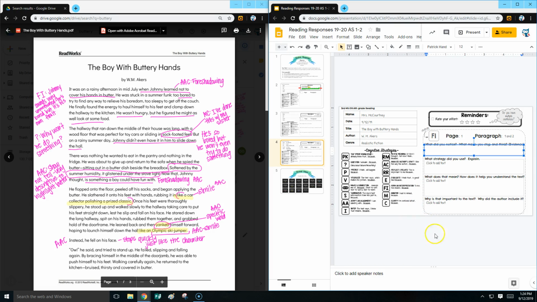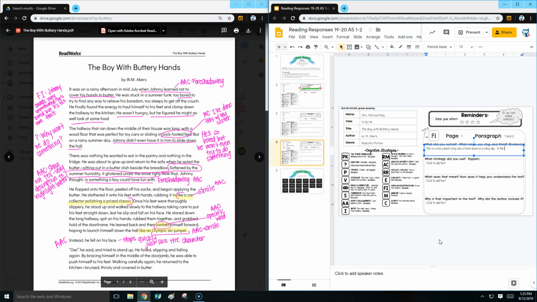So to give them a little bit of background, I can say, this is a story about a boy who is home alone on a rainy day. Just to give them some background, they know kind of what the story is about.